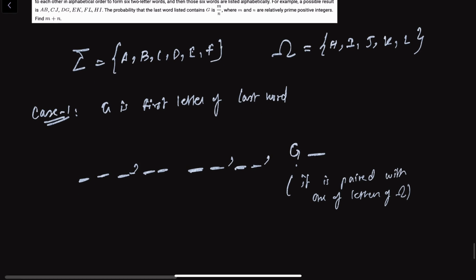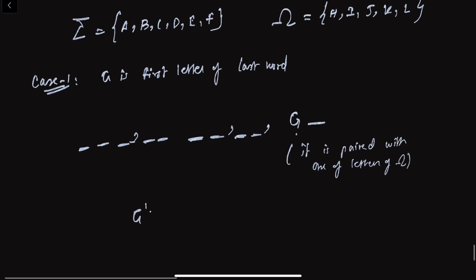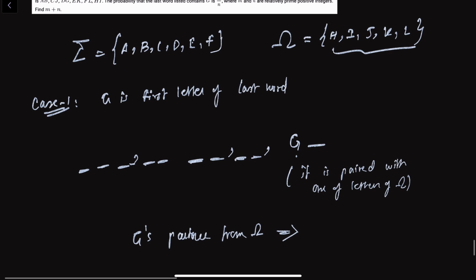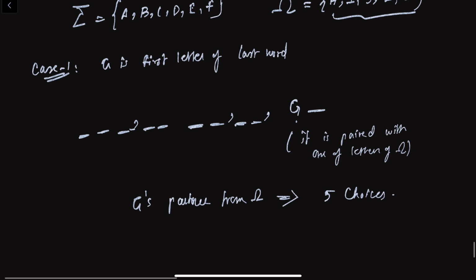So first we can choose G's partner from omega. Out of these 5 it can be anything, so 5 choices are there. Now we can choose which unordered pair of letters from sigma forms the sigma pair.